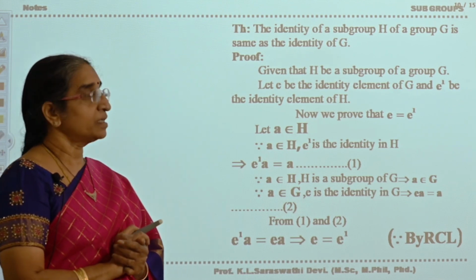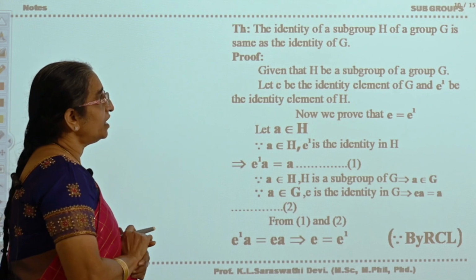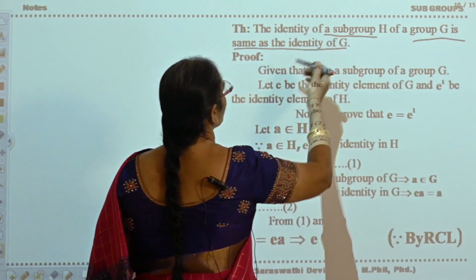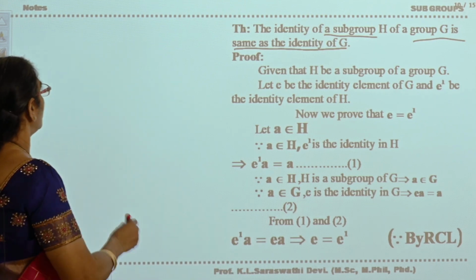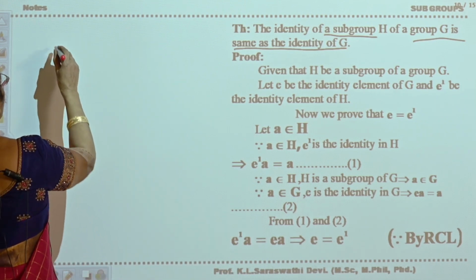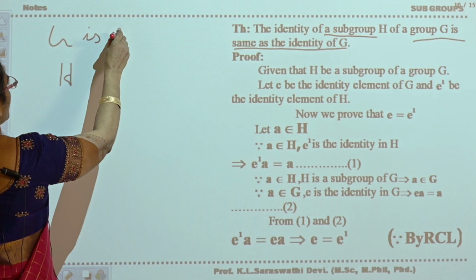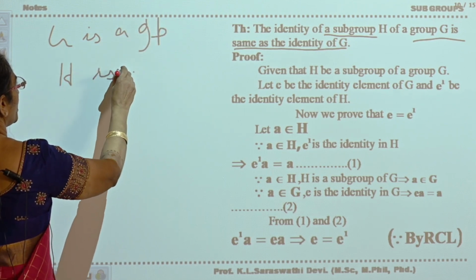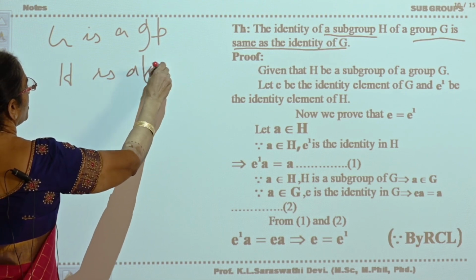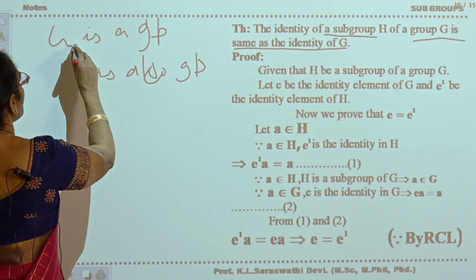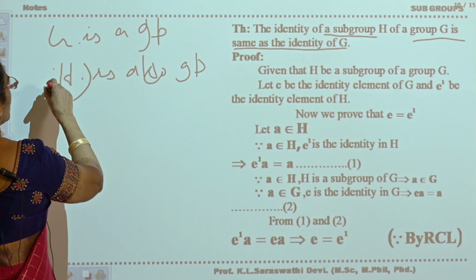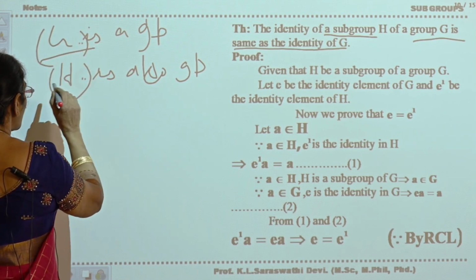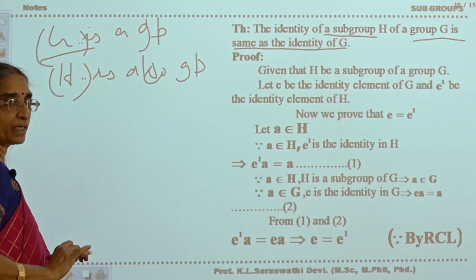The identity of a subgroup H of a group G is the same as the identity of G. See here, G is a group. H is also a group with respect to the same operator as that of G. G is a group with respect to dot, then H is also a group with respect to the same dot.